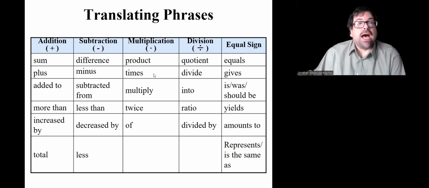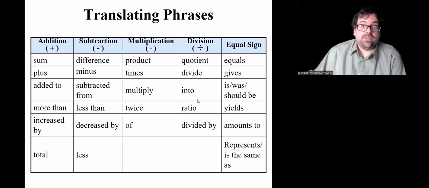Product, times, multiply, twice, of. These are words that indicate that we're using multiplication. Division words are words like quotient, divide, into, ratio, divided by.